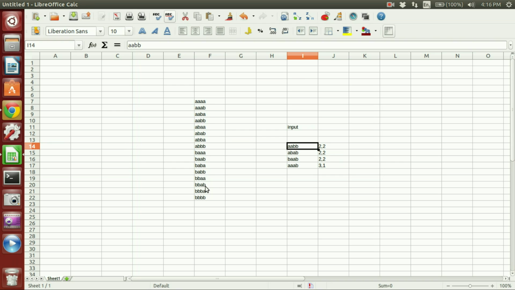Similarly, for all other combinations it would give us more than 2 or 2, but for this it would be equal to the number of A's and B's, right? Because let's say the LCS of this and this would be equal to the number of total A's, because here we have only A's, right?